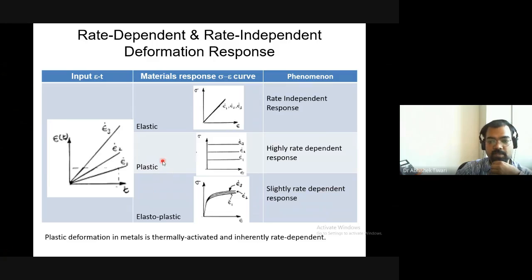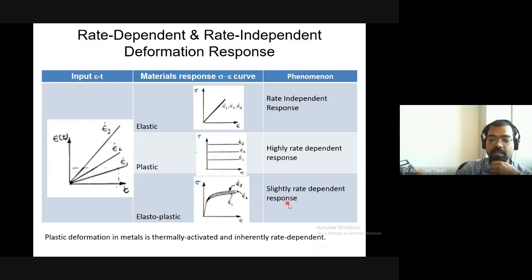And a plastic response, which is highly rate dependent, you can have something like this, because of course at different stress levels you will have different strain levels, and if you change the strain rate, the amount of strain can be changing, and if you change the stress, the values will also be changing.